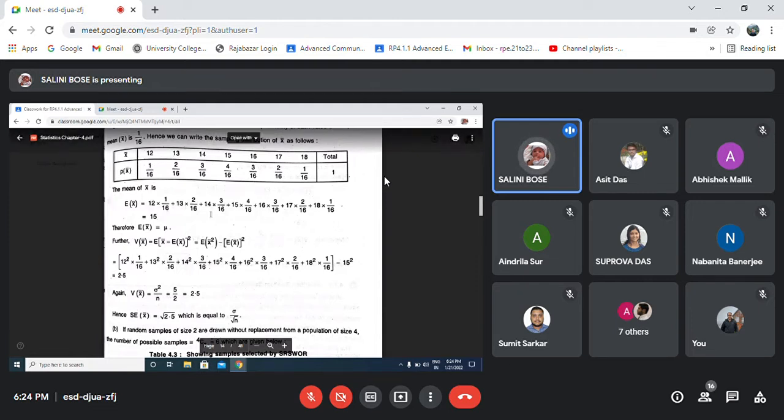Then 13 square into 2 by 16. Then 14 square into 3 by 16. Just the formula: E of x bar square is equal to x bar square into px. Similarly 15 square into 4 by 16, then 16 square into 3 by 16, and like this 18 square into 1 by 16.